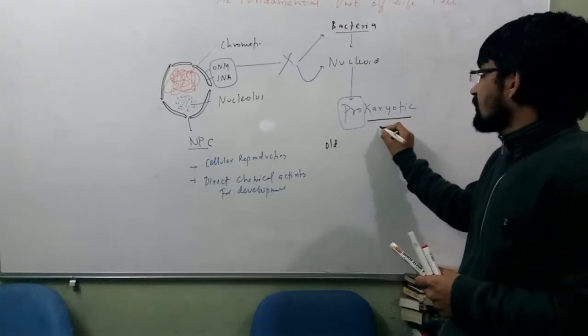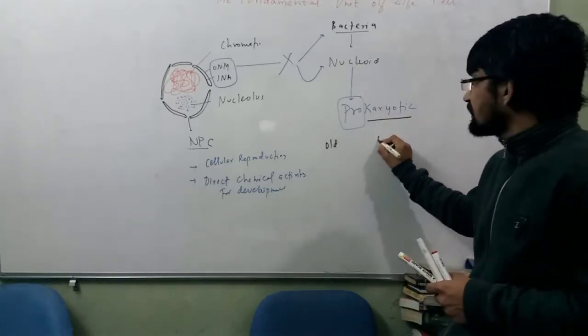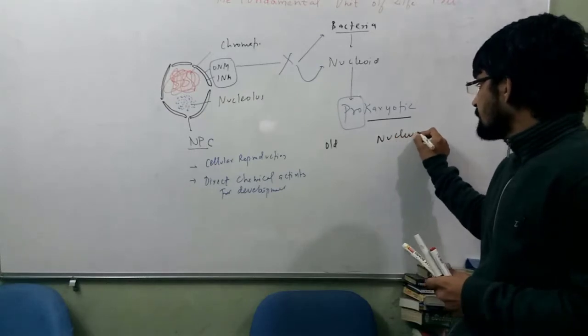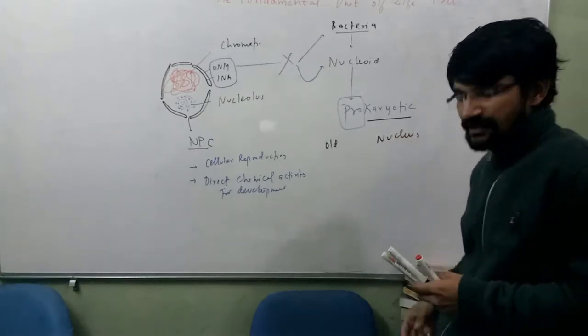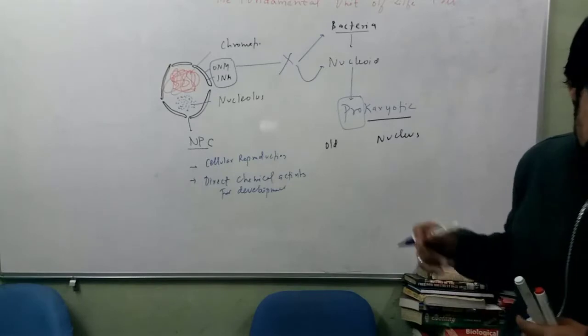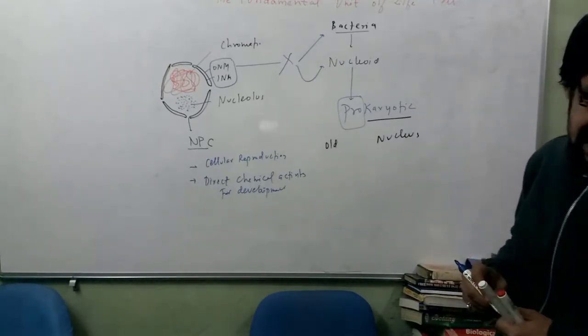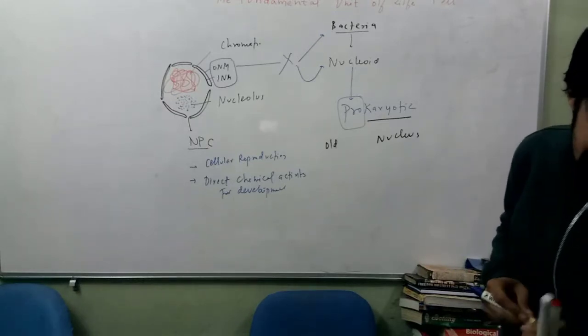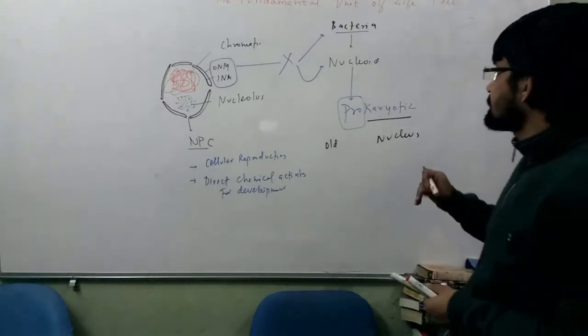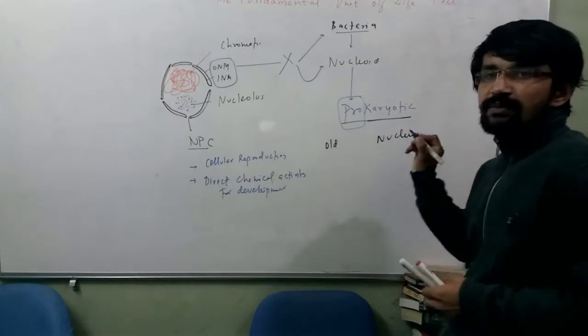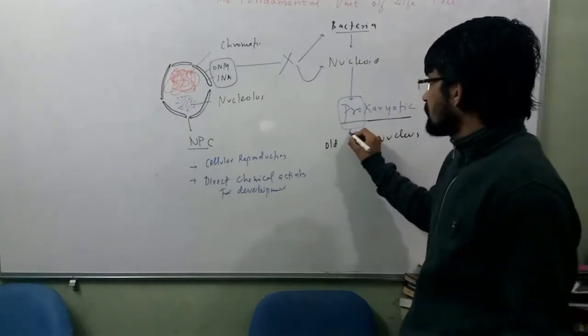It is derived from a word called karyos, which basically means your nucleus. So they basically have the primitive nucleus in them. Apart from that, we can add certain more things in it, that they lack cytoplasmic organelles. There are certain factors which we must know about these prokaryotic organisms.